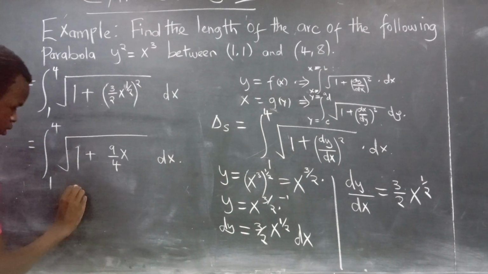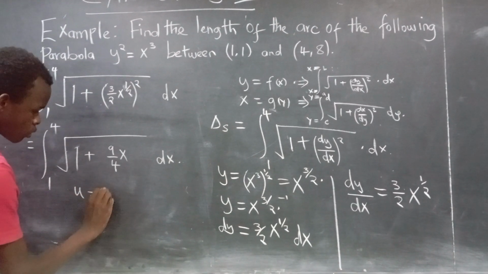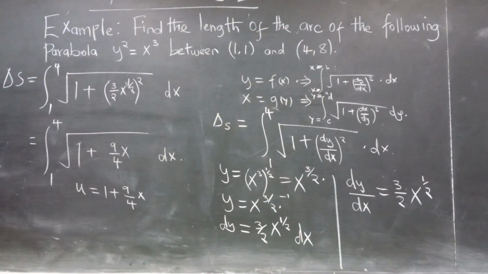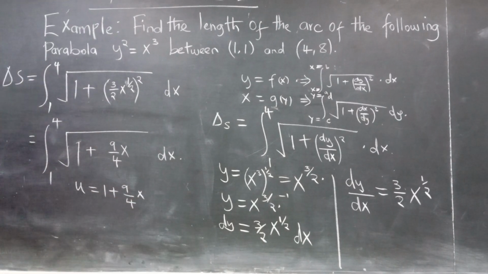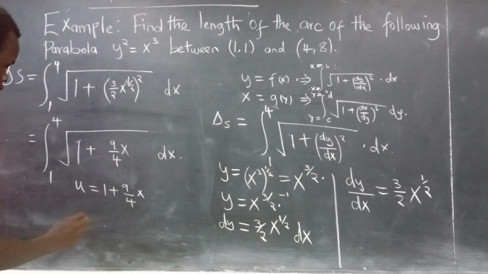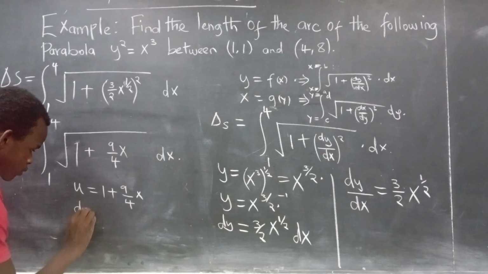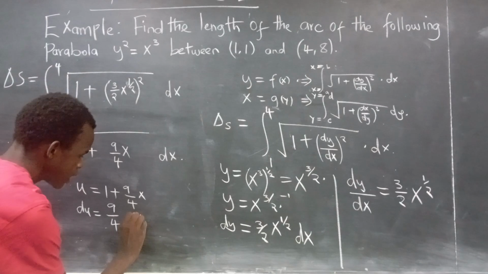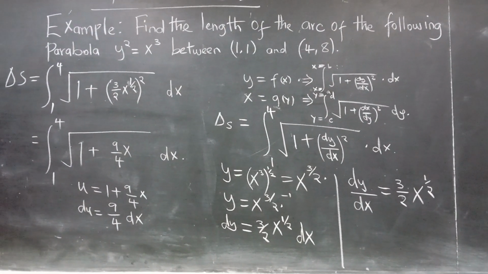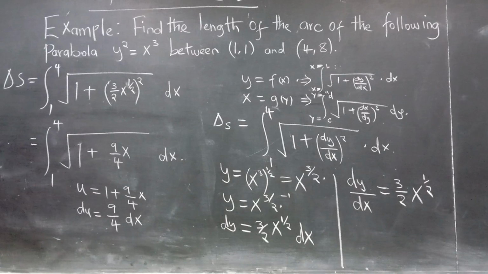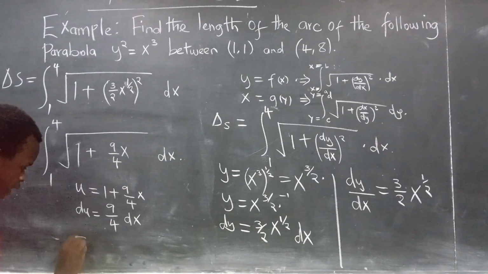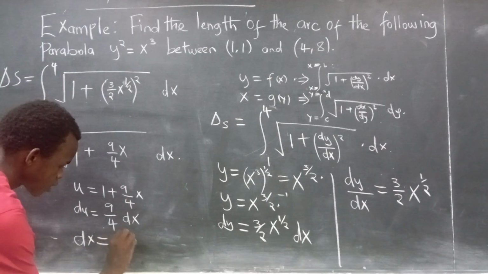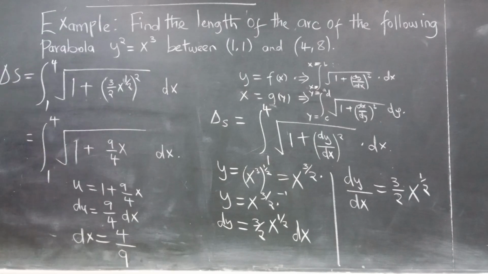Performing the normal integration, we'll choose our u to be 1 plus 9 over 4x. So we'll have to find our du first, to replace dx. Our du will be just 9 over 4 dx. Making dx the subject, our dx is the same as 4 over 9 du.